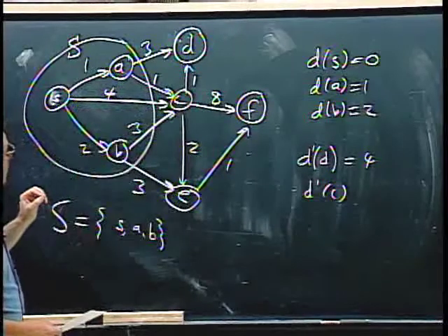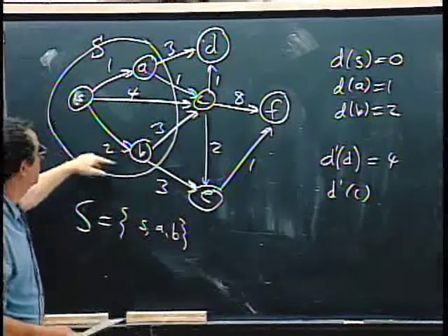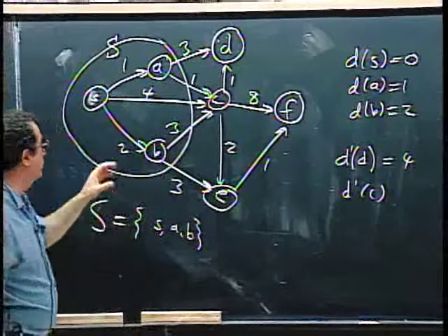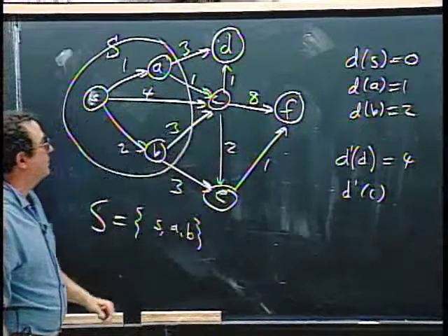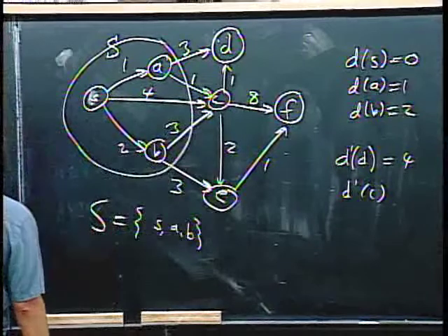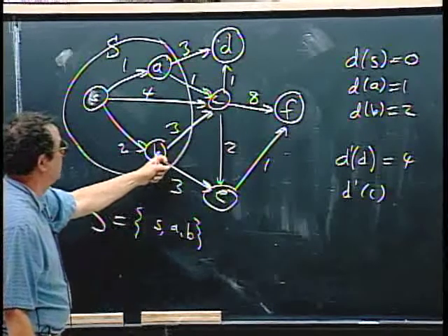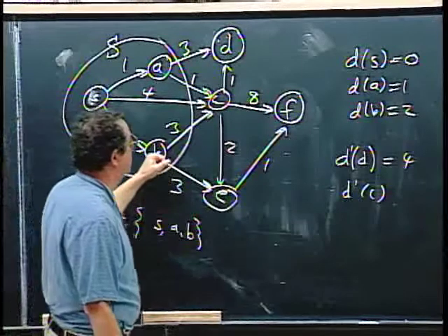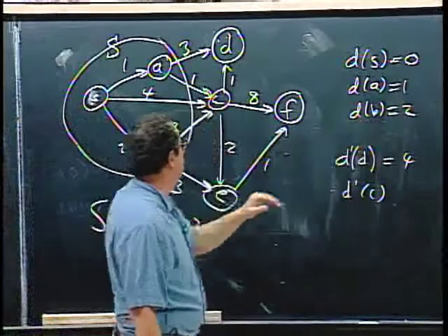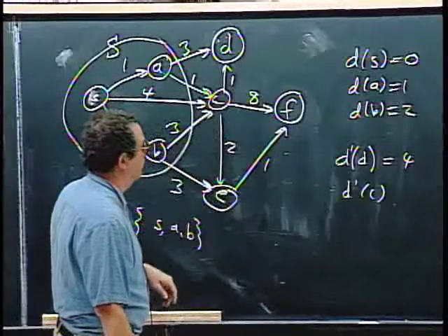But the important thing to note here, when I say this could be a 5, is that I'm not looking at the whole path. I'm just using this formula to say the distance to b that we already computed is 2, and then we add the 3, which makes it 5.